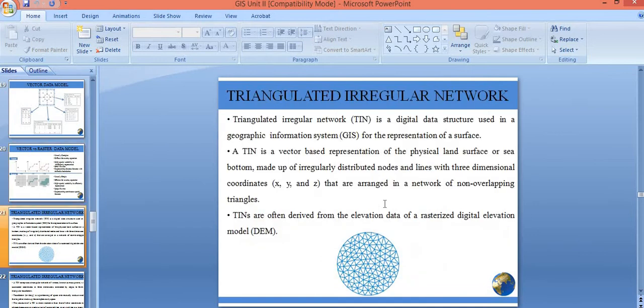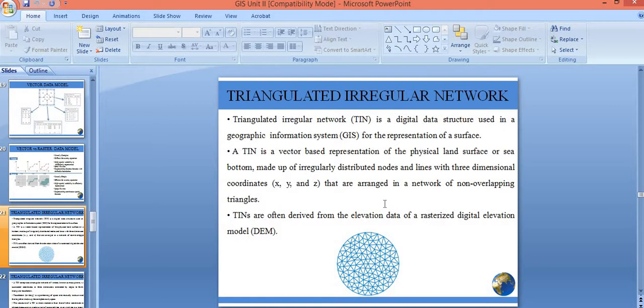The next comes your TIN model. Whenever we want to store some elevation details, say for example, you have a mountain and you want to store that mountain, it is not possible for us to go with the models we discussed earlier, the vector data model and raster data model.